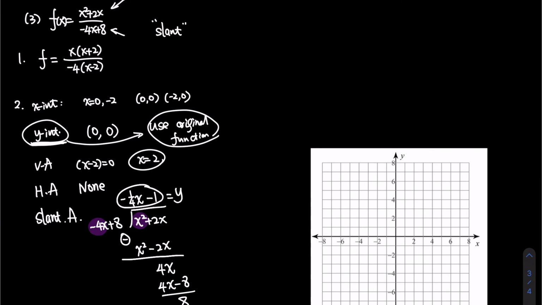Let's put everything on the xy plane. So (0, 0), (-2, 0), x equals 2. Y equals negative 1/4 x. The sign analysis. So at 2, we pick 1.9, 2.1.